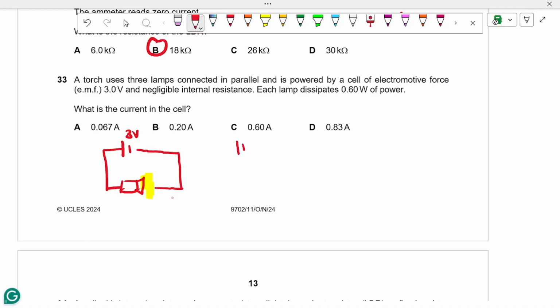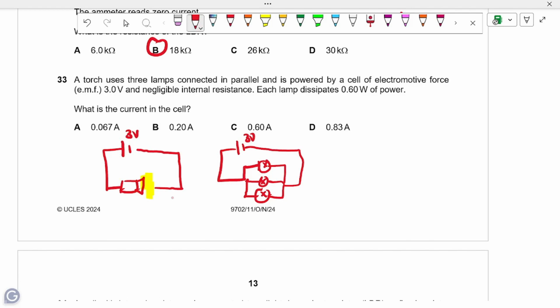You've been told that this is 3 volts, and this consists of 3 lamps connected together. So something like this: 1, 2, 3.